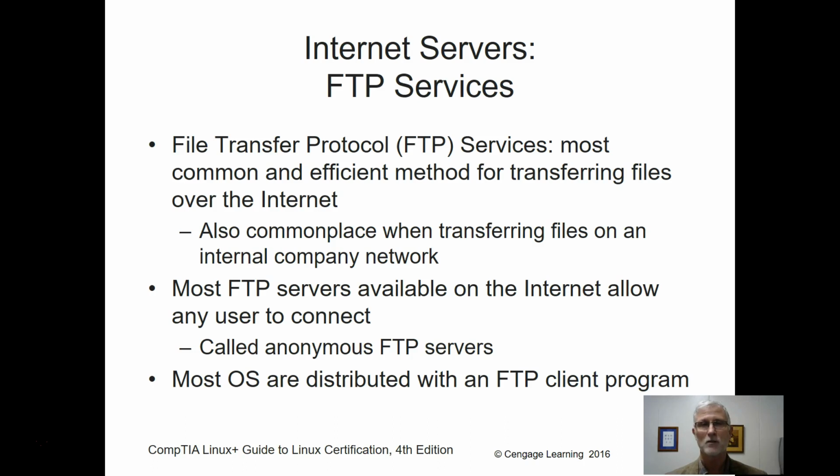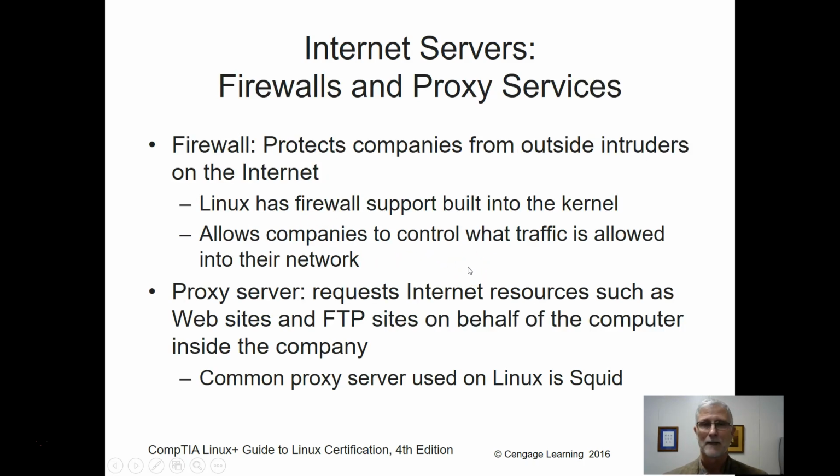A lot of it is used for transferring larger files than a text message. Security services: firewalls and proxy servers. A firewall protects companies from outside intruders. Proxy servers request internet services such as websites or file transfer protocol sites on behalf of another company.